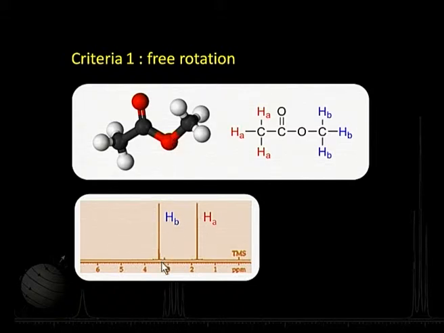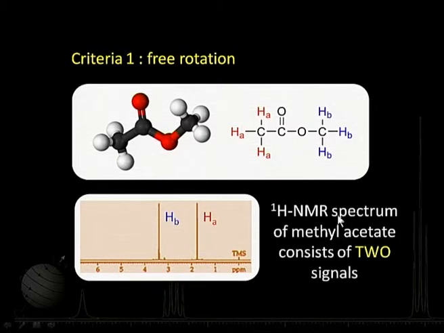That means the delta value is large, it is downfielded because of the electronegativity of the oxygen atom to which this is bonded. So, that is one criteria, that is if your protons are free to rotate, then they will be equivalent to each other. That is criteria number 1. And as I just mentioned, the spectrum of methyl acetate gives you 2 signals.